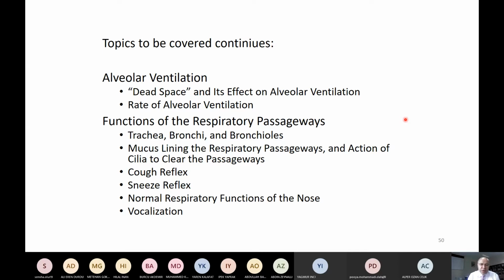And later on we are going to learn about functions of the respiratory passages, trachea, nose, etc. And then we will talk about constricting or dilating factors of the bronchial smooth muscles. And then cough reflex, sneeze reflex, and vocalization we are going to learn about.